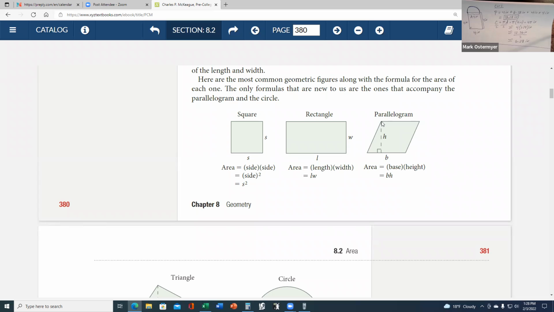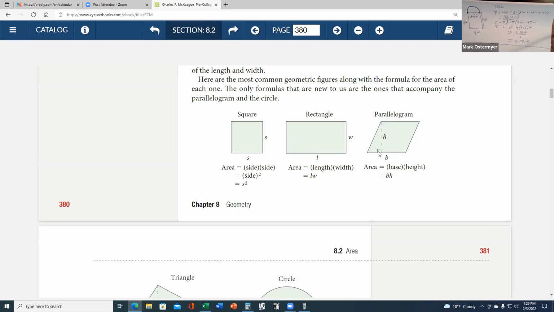And the side that that height is dropped down towards is called the base of the parallelogram. Notice the height makes a 90-degree angle with the base, or we say the height or the altitude is perpendicular to the base of this parallelogram. To find the area of a parallelogram, it's just a simple matter of multiplying the length of the base times the length of the height. Base times height gives you the area of a parallelogram.